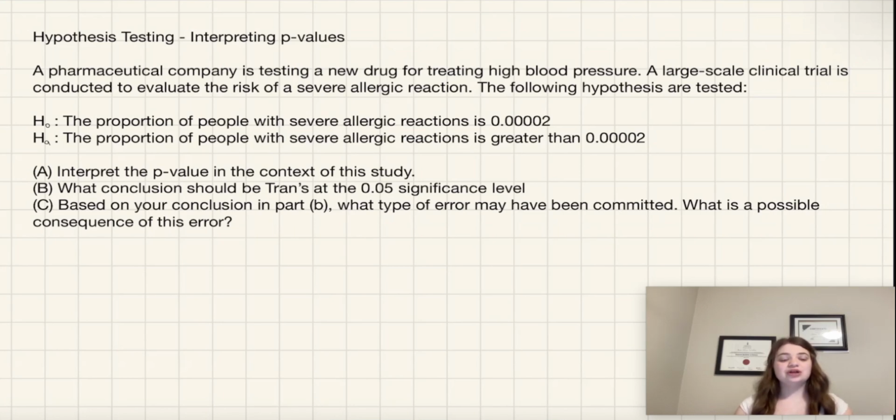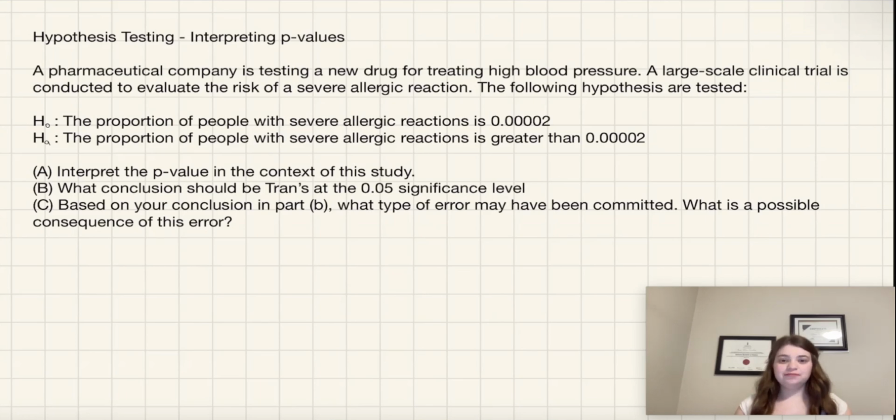It's just saying that based on the data collected, based on the information given, we aren't able to reject the null hypothesis because there isn't enough evidence that the null hypothesis is untrue. It still could be untrue, or it still could be true. We don't really know.